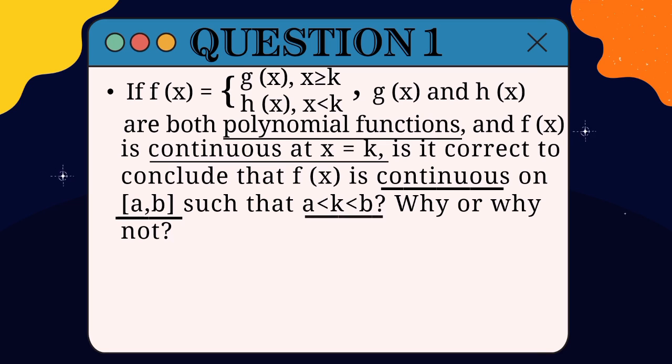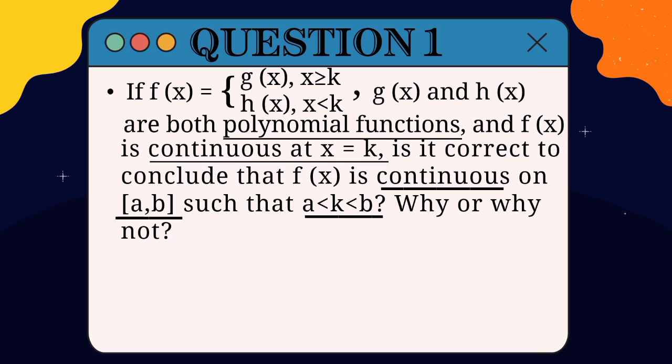Then next, is it correct to conclude that f of x is continuous on the interval from a to b such that a is less than k and k is less than b? Why or why not? It is not always continuous because there could be a discontinuity at x equals k.